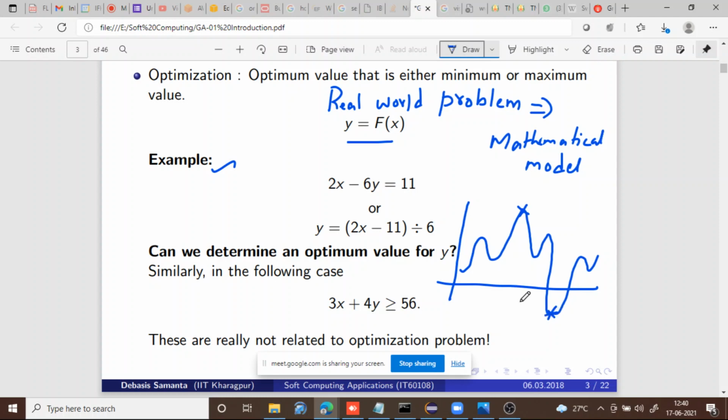Now, if the objective is to minimize, then we have to find for which value of x you are getting this output. And if the objective is maximization, then for which value of x you are getting this output. This is what we need to find, right? So the function should be something like this. That is, there should be an ultimate maximum point, and also an ultimate minimum point.